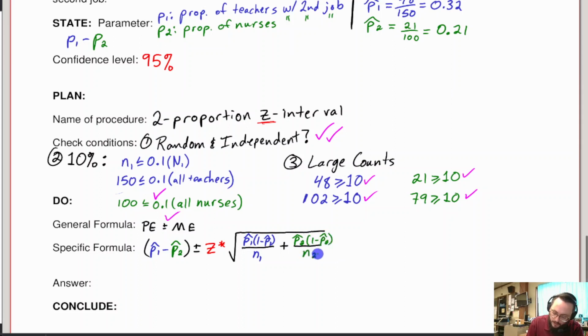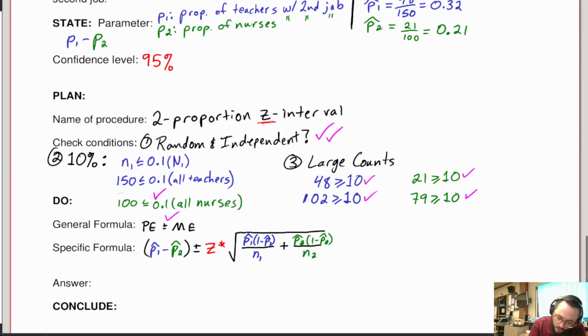Now you could go through and plug in all the numbers: 0.32 minus 0.21 plus or minus 1.96 for z star times the square root of 0.32 times 1 minus 0.32 divided by 150 plus 0.21 times 1 minus 0.21 divided by 100. And do that all in your calculator, and it would take a while to type in.